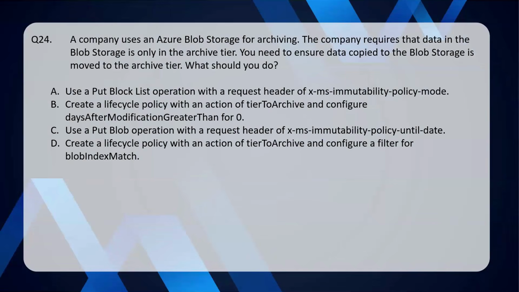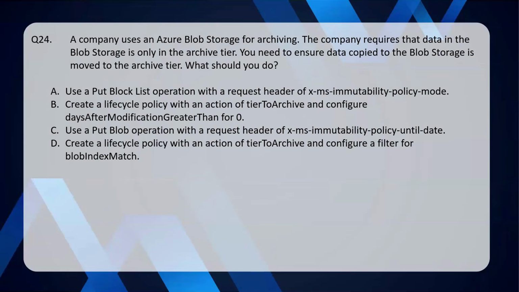Next question. A company uses an Azure Blob Storage for archiving. The company requires that data in the blob storage is only in the archive tier. You need to ensure data copied to the blob storage is moved to the archive tier. What should you do?